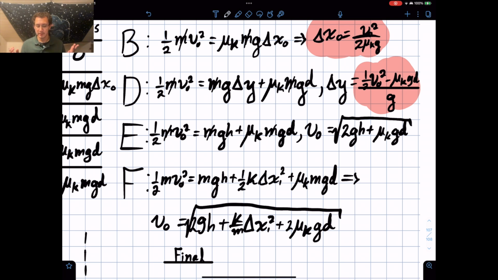Sorry, quick correction. I forgot to multiply the 2 over to both terms, which I should be better about by now, but I missed this 2 right here. When I multiplied by 2 on both sides, I only multiplied it to this and not to this as well. Remember, distribute to both terms.